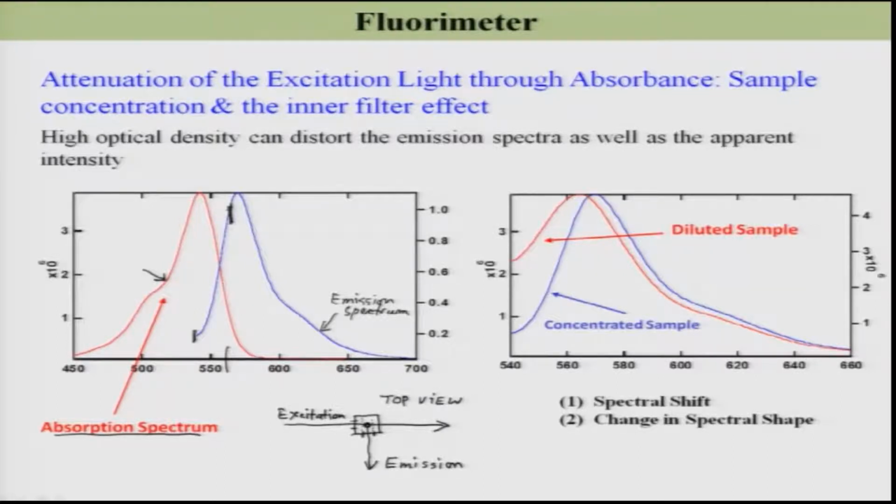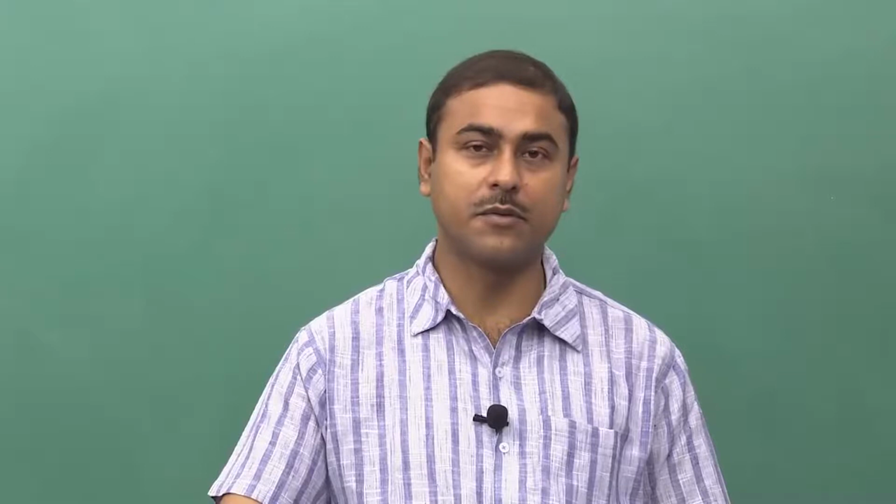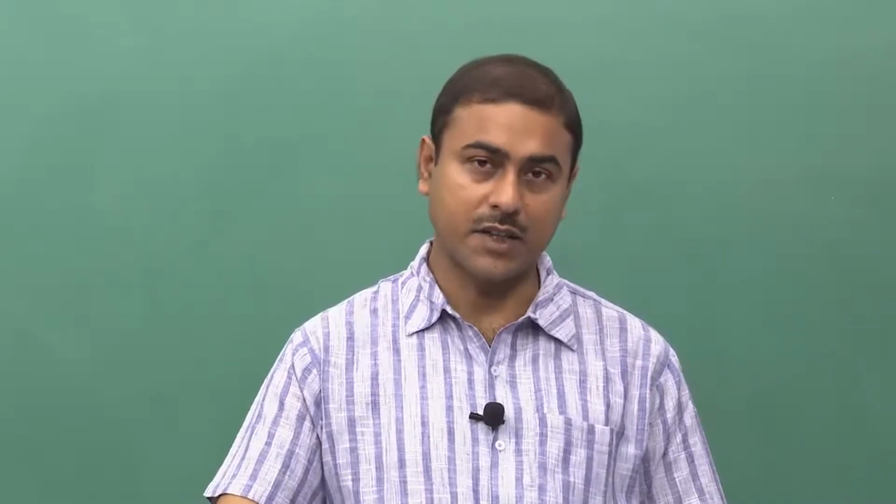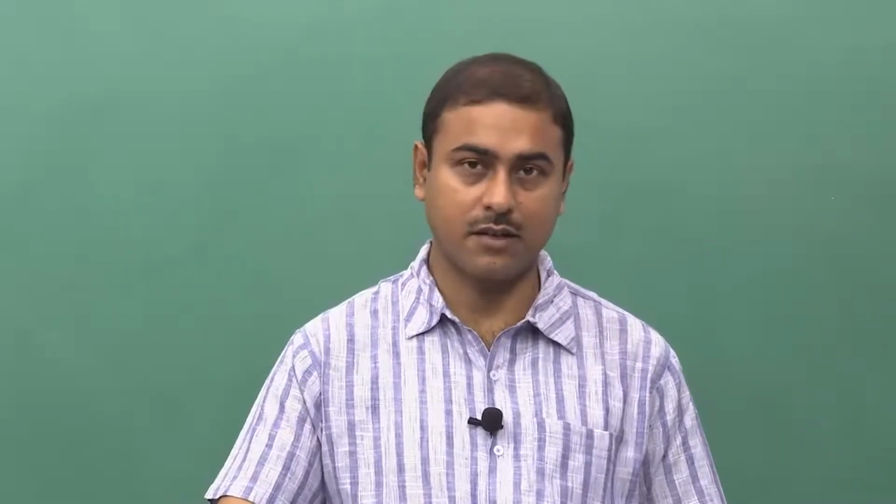The best way to do that is a dilution experiment. Suppose you have taken the emission spectra with 10 micromolar, you take the emission spectra with 5 micromolar, and 2 micromolar. If they are the same, then obviously there is not much reabsorption of the emitted photon, and you will be able to surely tell that my emission spectra in this region is correct, no problem, right.